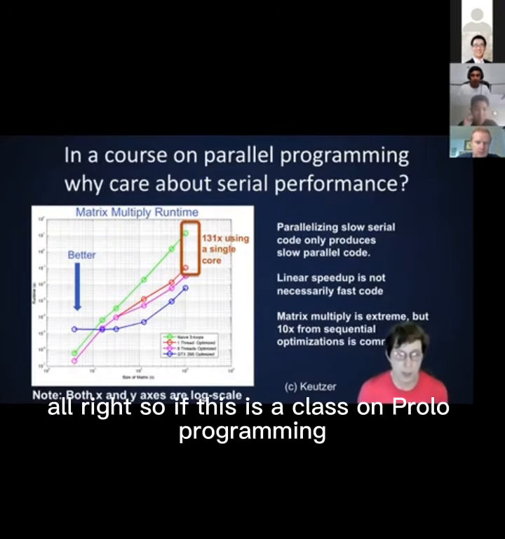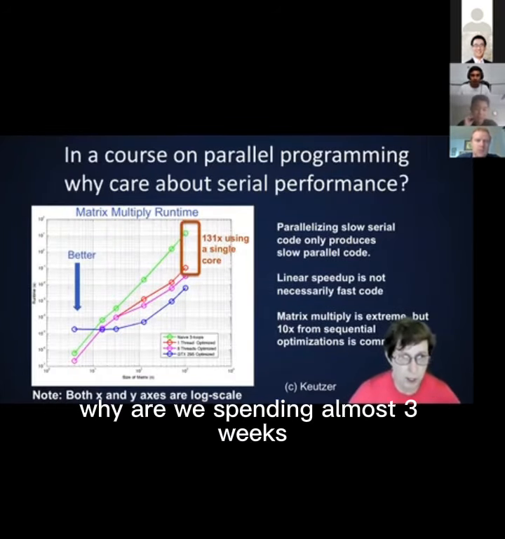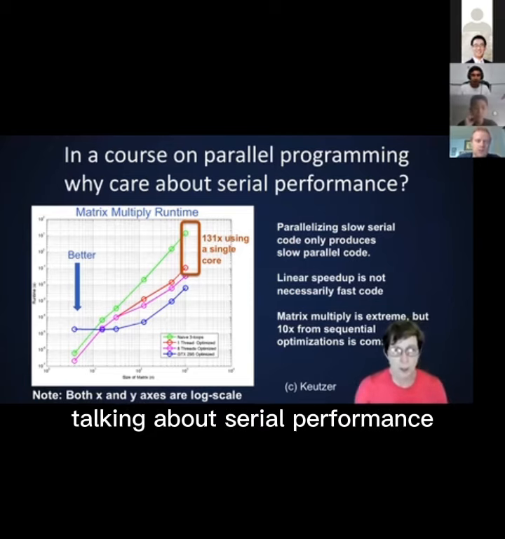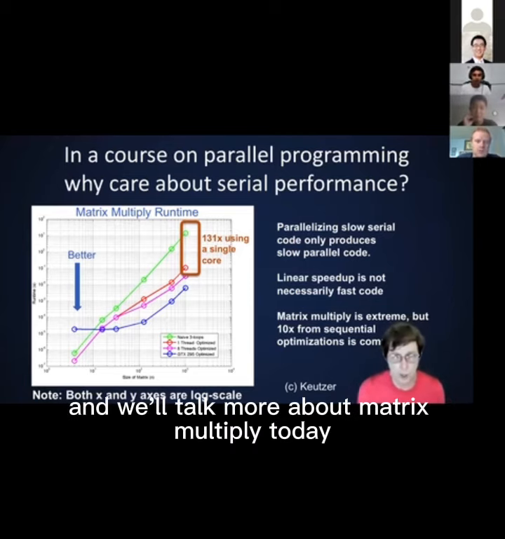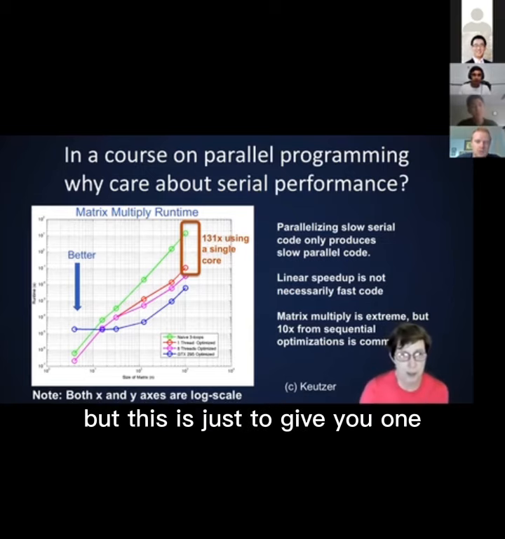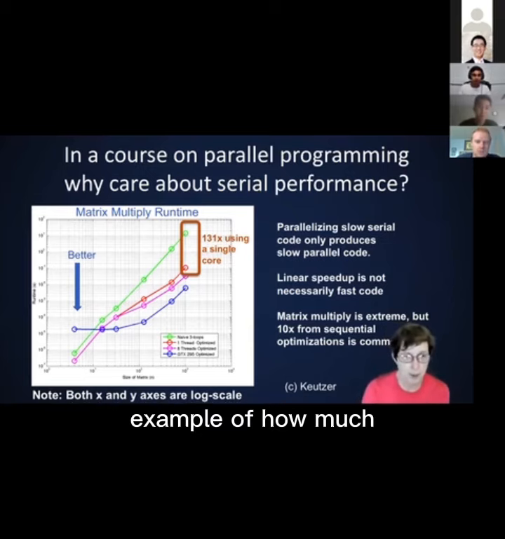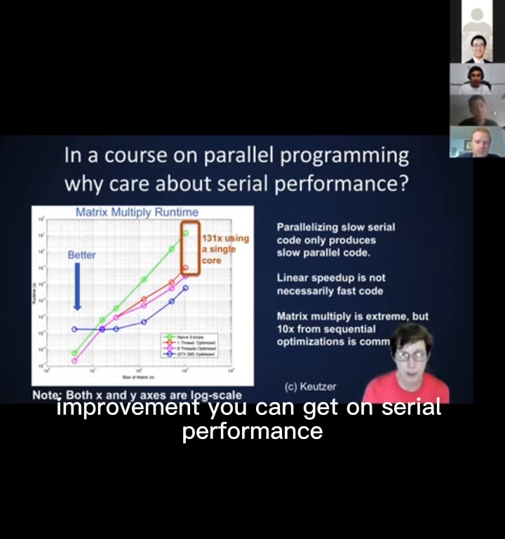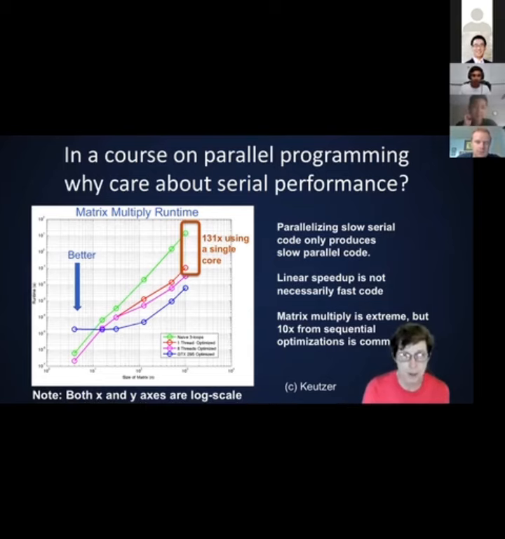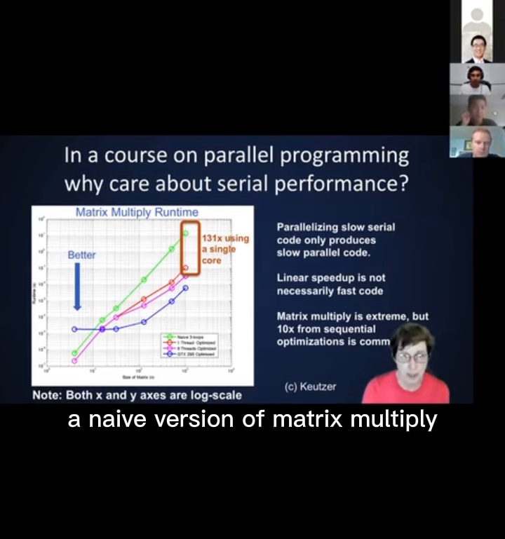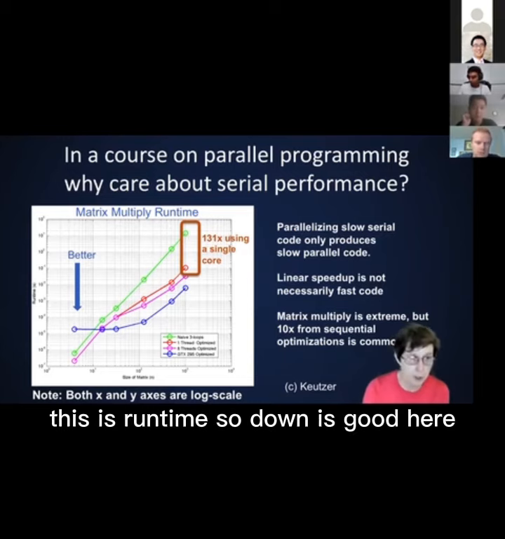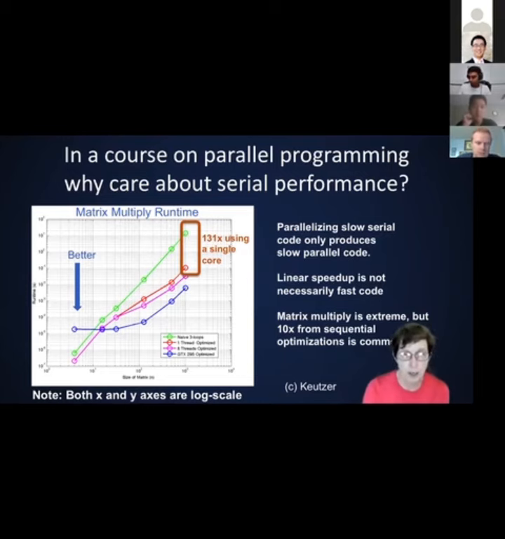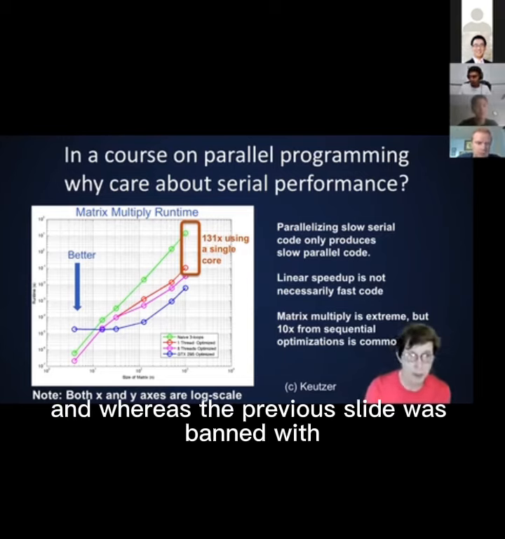All right, so if this is a class on parallel programming, why are we spending almost 3 weeks talking about serial performance? We'll talk more about matrix multiply today, but this is just to give you one example of how much improvement you can get in serial performance. This is looking at a naive version of matrix multiply. This is runtime, so down is good here, whereas the previous slide was bandwidth.